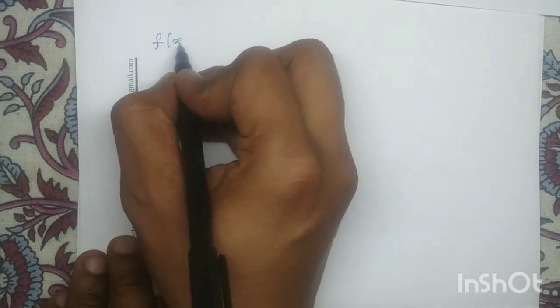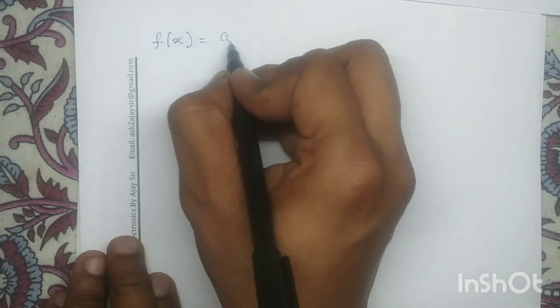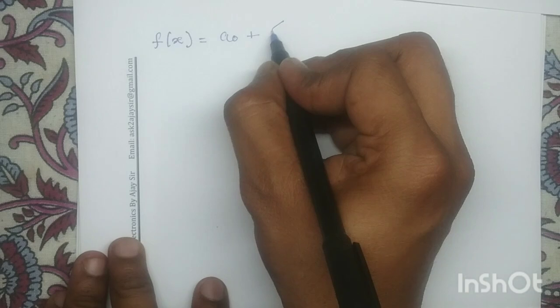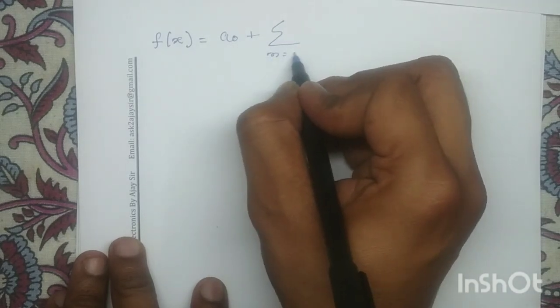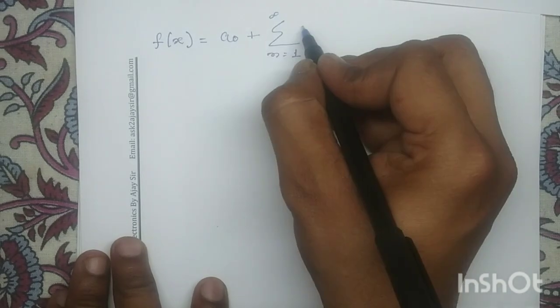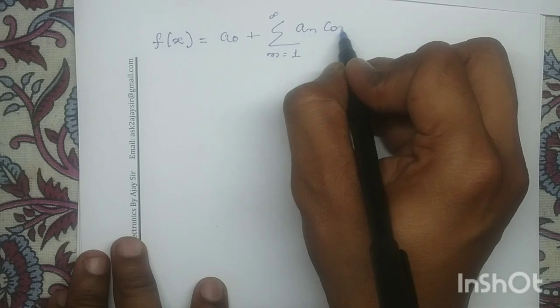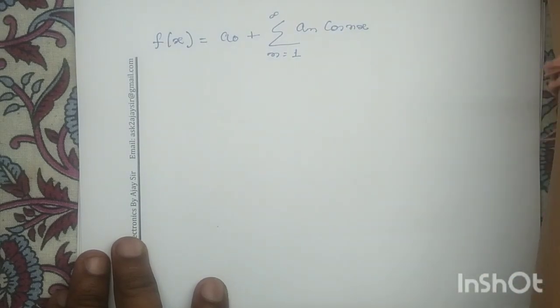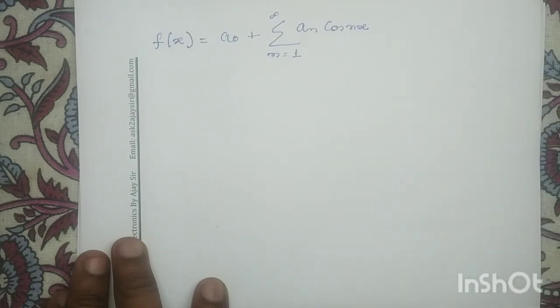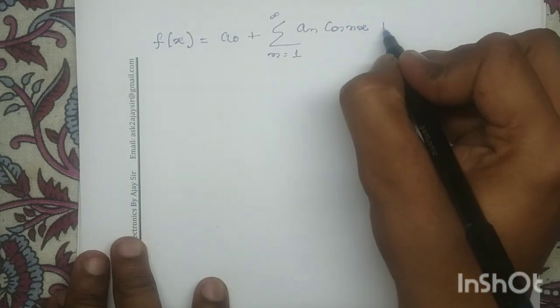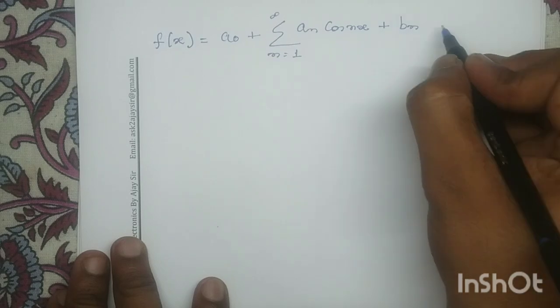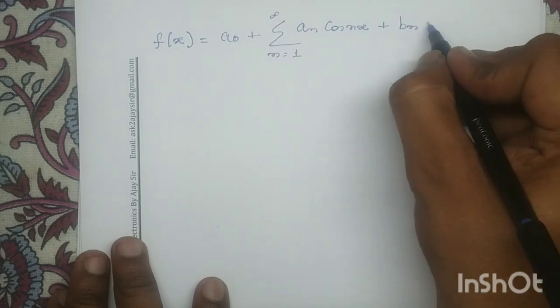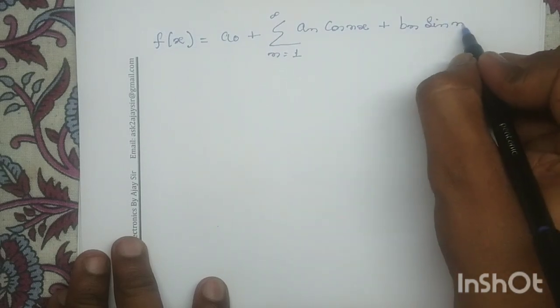Our Fourier series equation was f of x is equal to a0 plus summation n is equal to 1 to infinity a of n cos nx plus b of n sine nx.